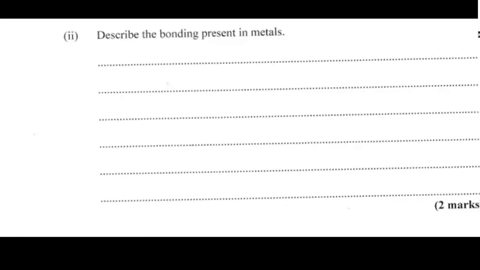Part 2 here, describe the bonding present in metals. Don't need to say much. In metals we have cations, metal ions, positive ions that are embedded in what we call a sea of delocalized or mobile electrons.